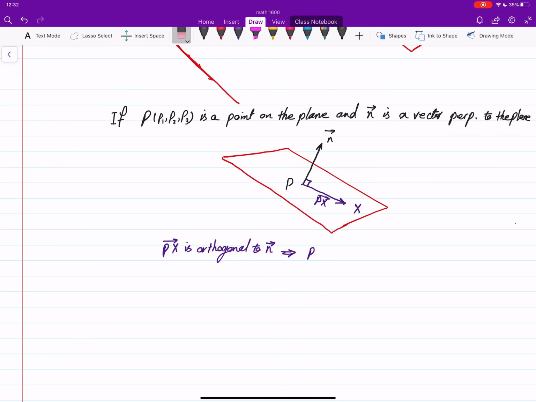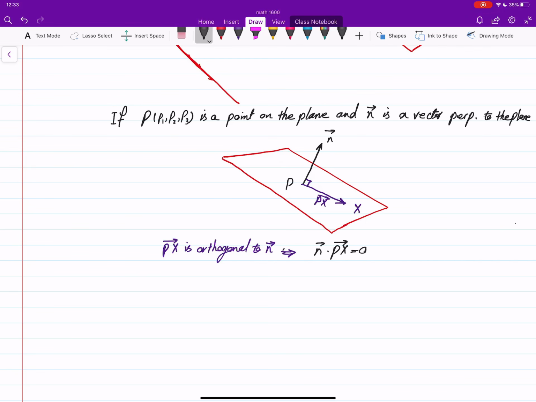As a result of that, what we have is n dot Px, this is the definition in your book. So n dot Px is equal to 0 for all x on the plane, and every x for which Px is orthogonal to n will give you a point.